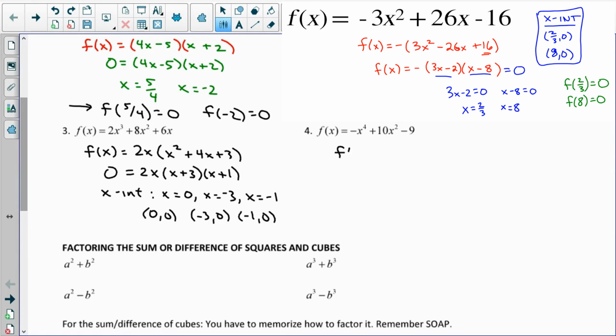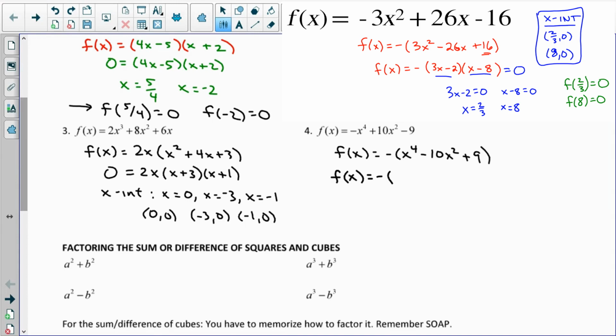Let's factor out a -1 to start. So x to the 4th minus 10x squared plus 9. This is something that we've talked about last unit on some worksheets when we have something with x to the 4th and x squared but no other terms. What we can do is treat this like it's a quadratic.